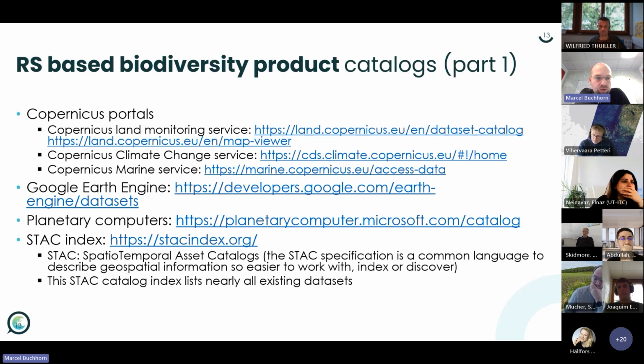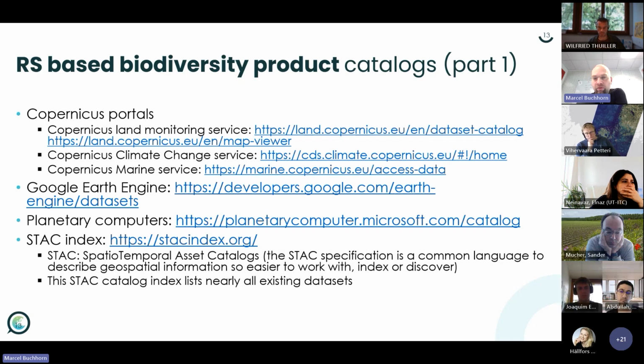Mostly you can directly use them in other platforms like Google Earth Engine, Planetary Computer, or the system I will show you from Vito. This STAC catalog index covers nearly all existing data sets out there. So it is really detailed, but again, it is quite time consuming to go through them. You really have to know a little bit what you are searching for.